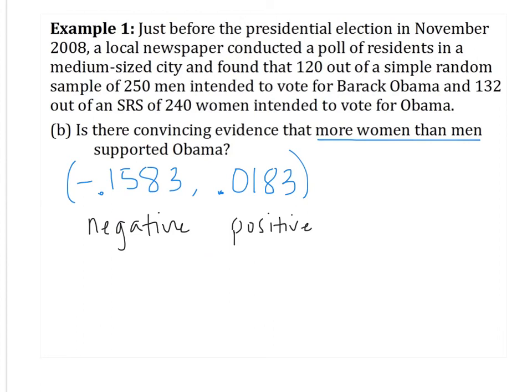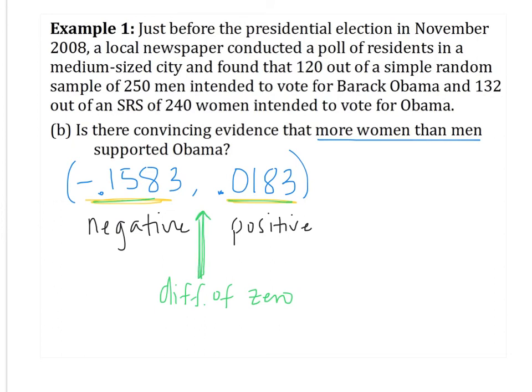So since it ranges from a negative number to a positive number, there's a chance that there's a difference of 0. Isn't there? If it goes from negative to positive, 0 is in the interval.